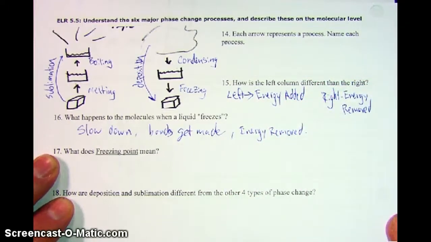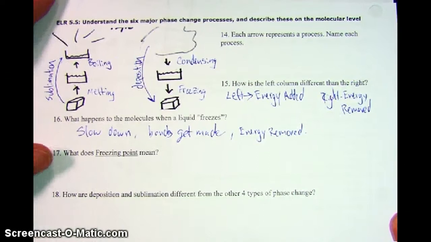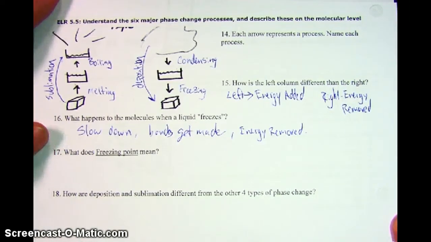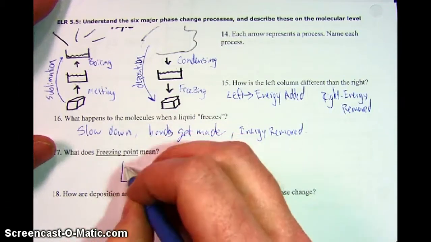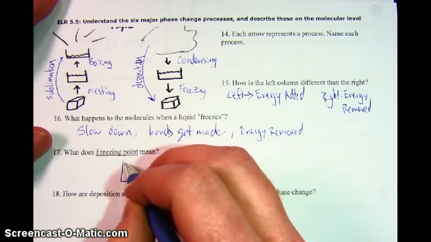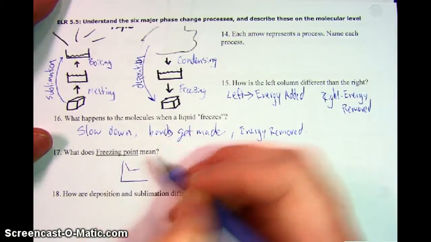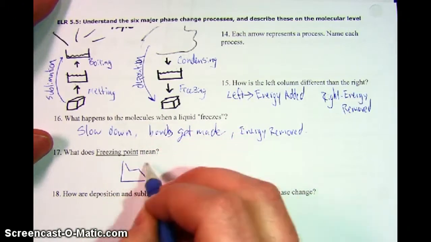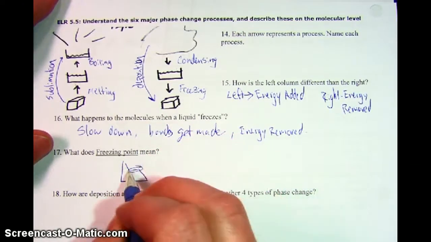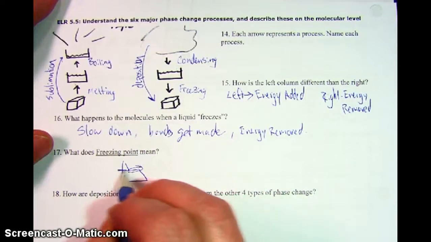What does the freezing point mean? Number 17. The freezing point is the temperature when the liquid becomes a solid. So it's that spot on the graph where if you have a liquid, the temperature is dropping, and then it flatlines and then goes back down. It's this whole section. The freezing point is this spot on the temperature graph.